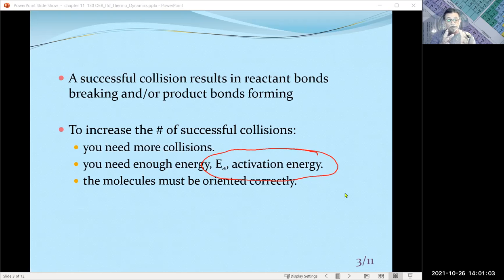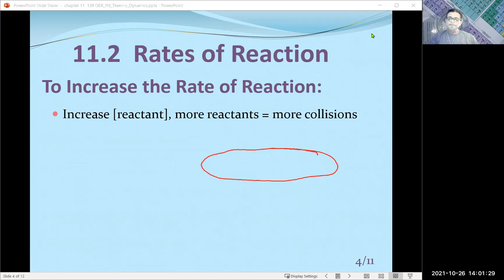That's the correct orientation. Not only that, I have to hit it with the right amount of force or energy, because if I don't hit it hard enough, it's not going to make it to the corner pocket. If I hit it too hard, it's going to jump out of the pocket. So a lot of variables have to come into play here. All right, so correct orientation, correct amount of energy.